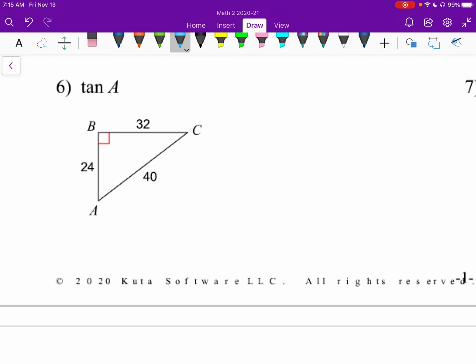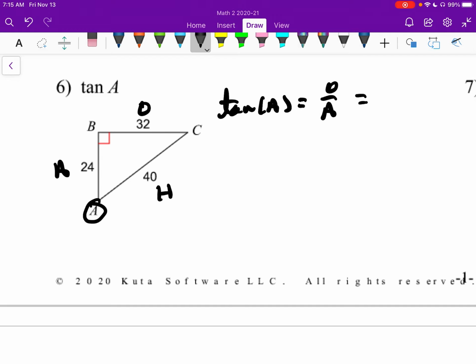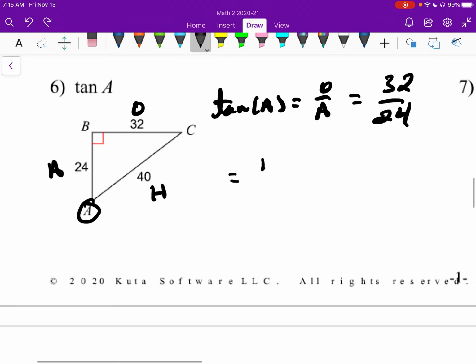All right. Tangent of A, here's my hypotenuse, here's my adjacent, here's my opposite. Tangent of A is going to be opposite over adjacent, 32 over 24. What will that reduce to? That's 16 over 12, which is 8 over 6, which is 4 over 3.